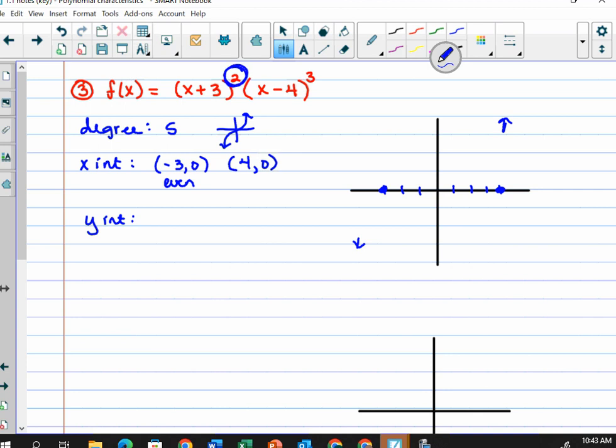That's from that exponent up there. What does even multiplicity do? What does it make happen? Bounce. So I start down here at my end behavior and I bounce. I figure I got to get over to this other point somehow. What kind of multiplicity does that one have? Odd. What does that mean?